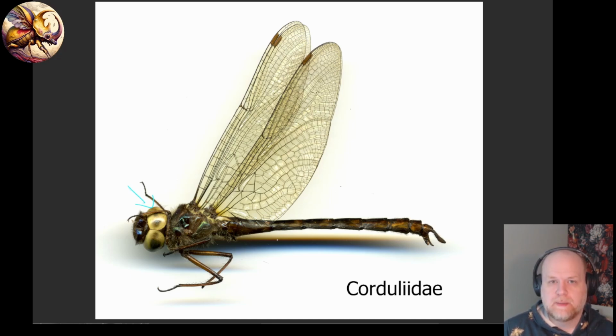But I have some other photos here where their eyes, generally for most of this group, are a very, very bright green. Sometimes you'll see them with a darker olive green eye, but most of the time they're extremely bright green, and they do touch, kind of like the aeshnids, and unlike the gomphids, which are really far separated.